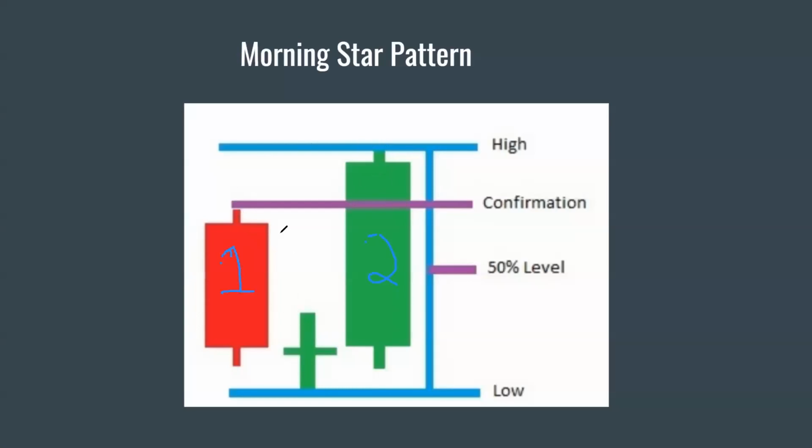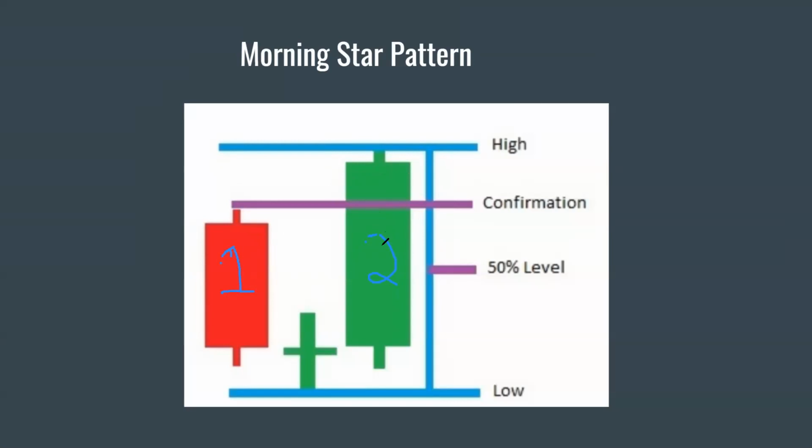So when you have a morning star pattern, because there are lots of variations of it, what I like to see is that it must be higher than the previous candle. So my 2 has to always be higher than my 1. Does that make sense? After the doji, there'll be a bearish red candle, number 1, then the doji, and then the 2.